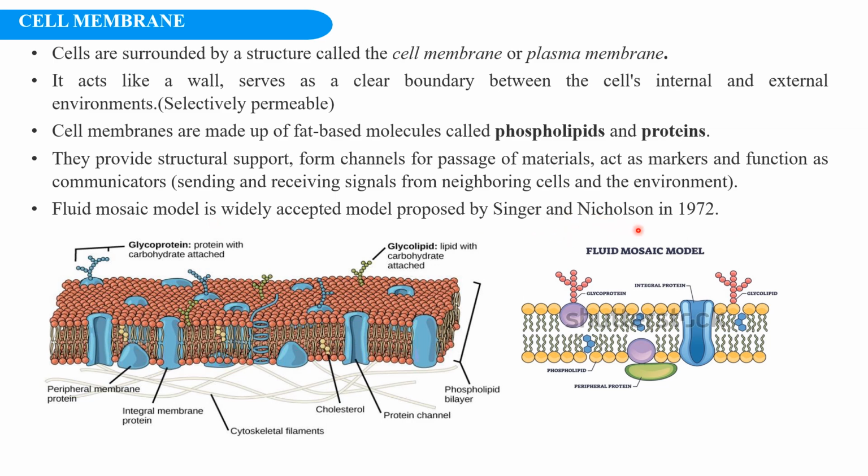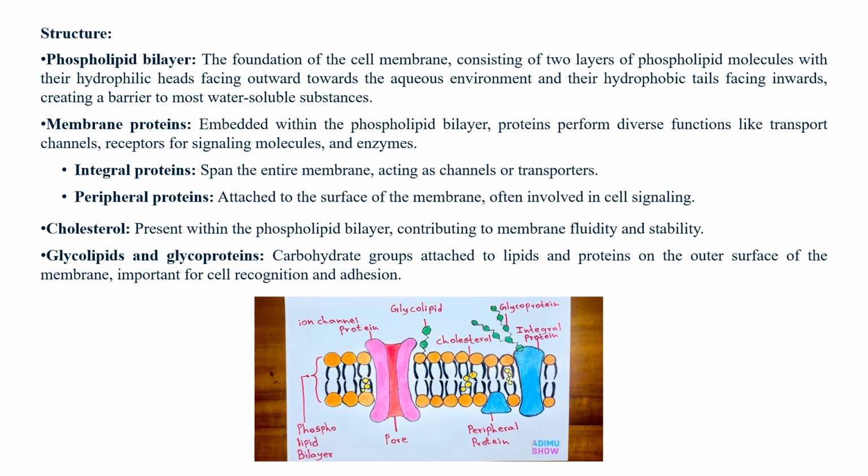So what is a fluid mosaic model? Let's see in this figure. As the fluid mosaic model says, the structure of plasma membrane is made up of phospholipids, proteins and other molecules. So coming to phospholipid bilayer, the foundation of the cell membrane consisting of two layers, as we can see in this picture, the plasma membrane made up of heads and tails.